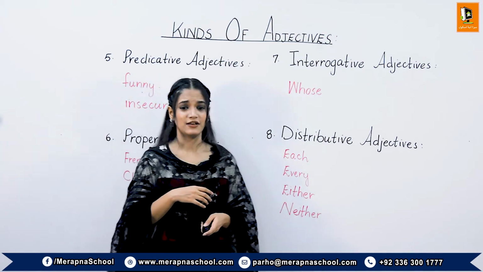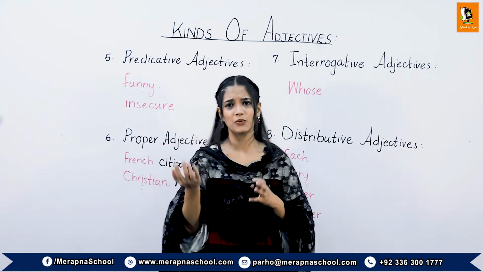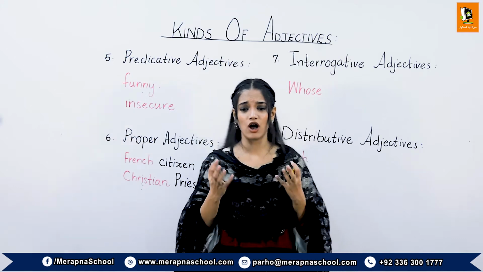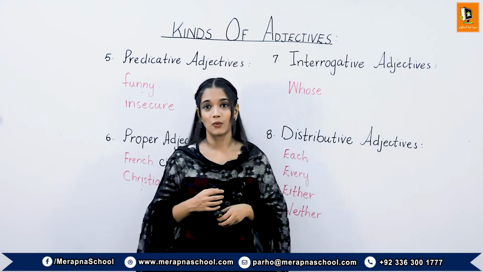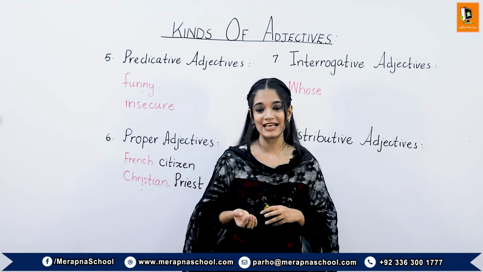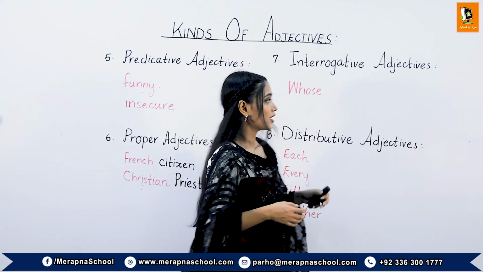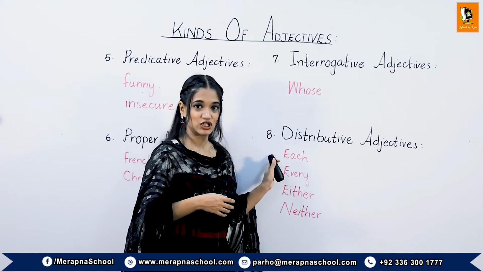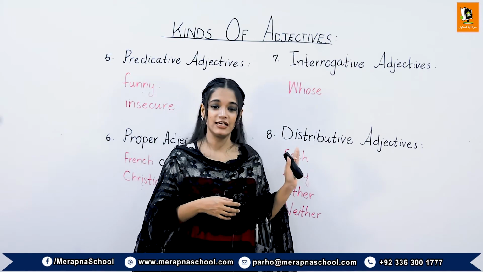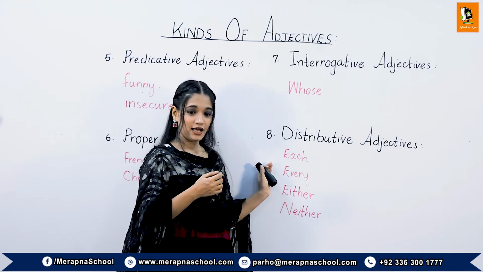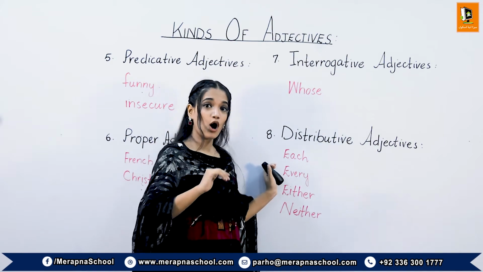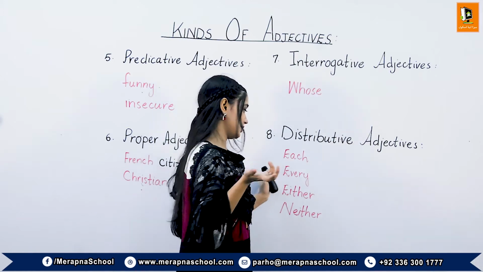Now the next kind of adjective is the distributive adjective. Distributive adjectives are words that refer to each object or member of a group. They are used with singular nouns and placed before the nouns. For example, each. For the use of each, it suggests everyone. Every suggests all, but individually.